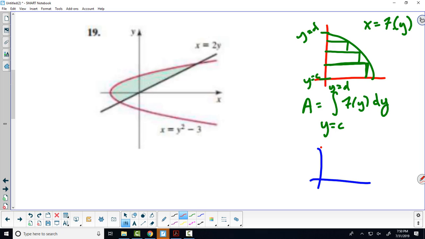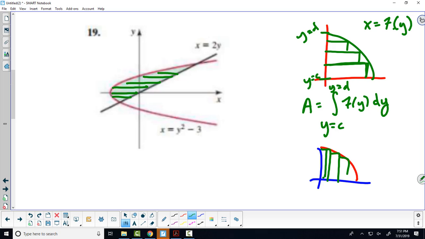As opposed to how we initially did it, right? Initially we had our rectangles going bottom to top, and we were stacking them left to right. Here I'm stacking rectangles on top of one another. So when I represent this idea of integrating with respect to y, the way I represent it to myself is by slicing, having the rectangle sliced this way.